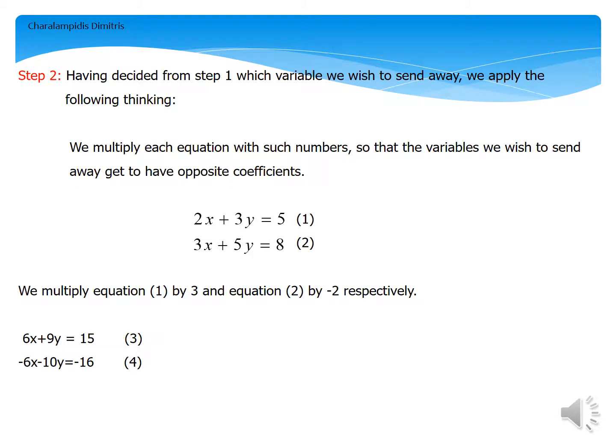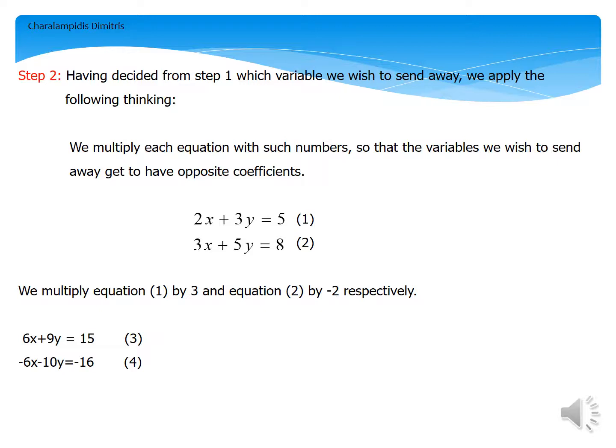Next, in step 2, having decided from step 1 which variable we wish to send away, we apply the following thinking. We multiply each equation with such numbers so that the variables we wish to send away, after these multiplications, get to have opposite coefficients.